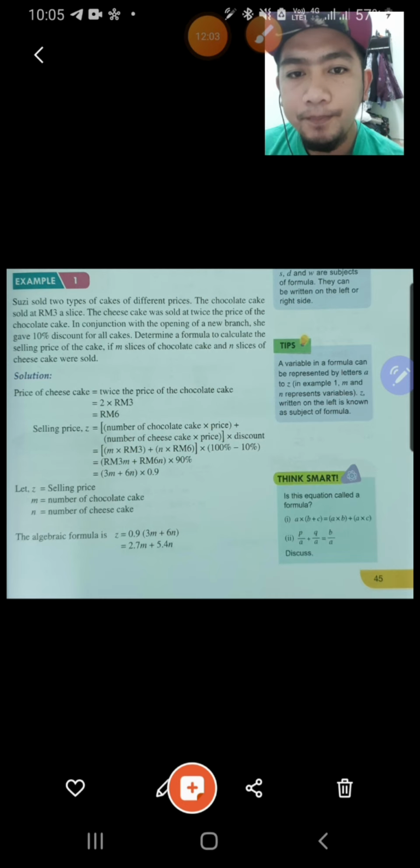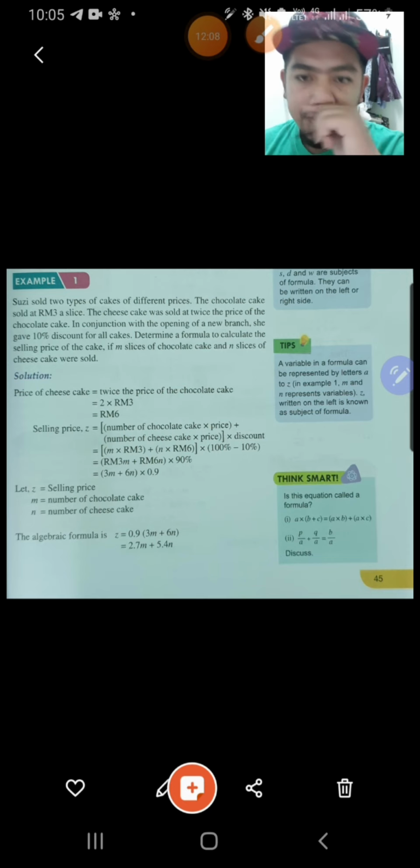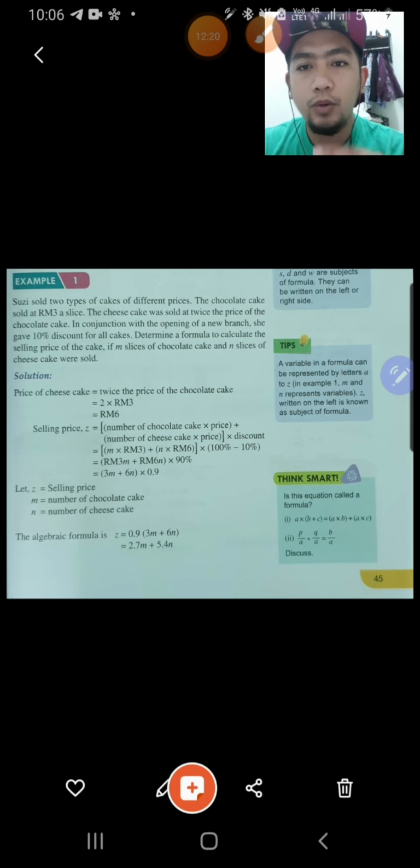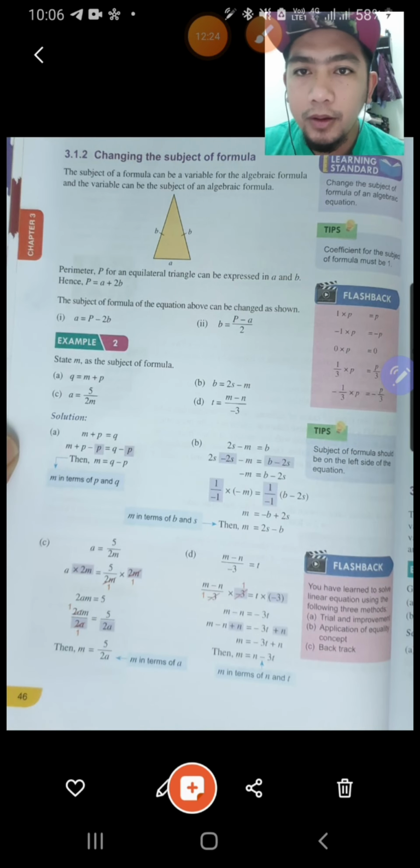This is basic. Maybe you will see a lot of situations that are more difficult compared to this one. That's why you need to take out the information one by one. Alright, let's continue. Changing the subject of formula.